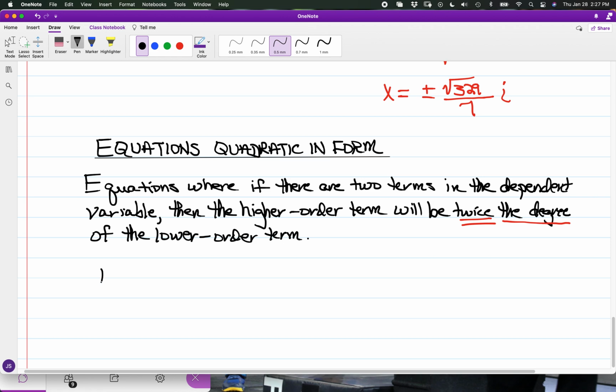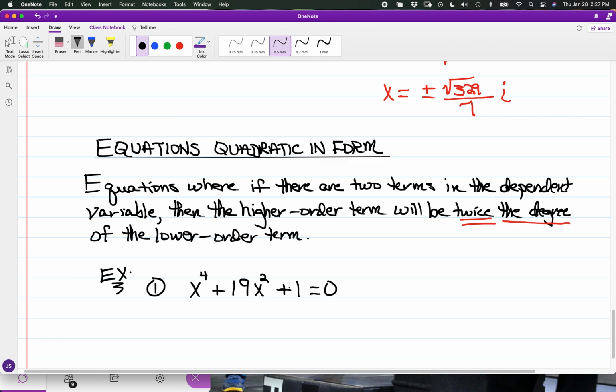Now not looking at solving, but just showing how an equation can be quadratic in form. First of all, we can say that we have x to the fourth plus 19x squared plus 1 is equal to 0.